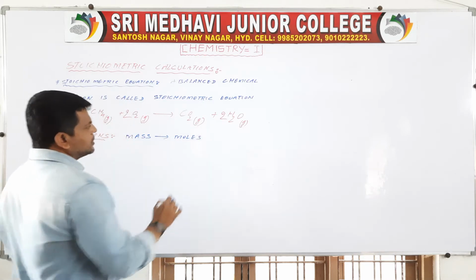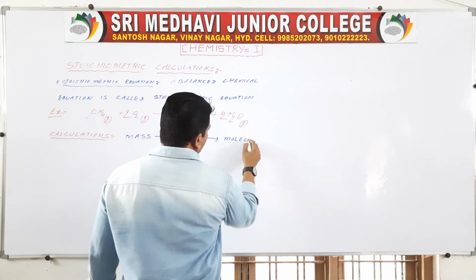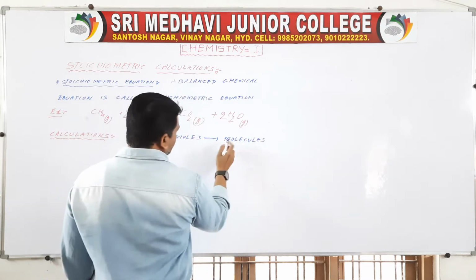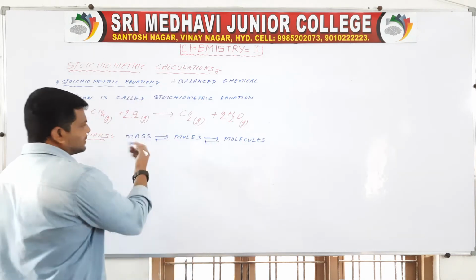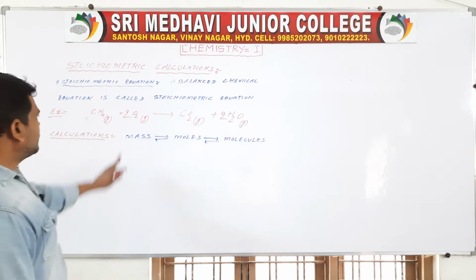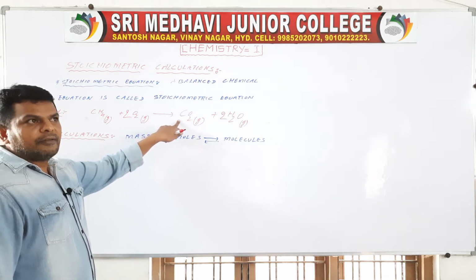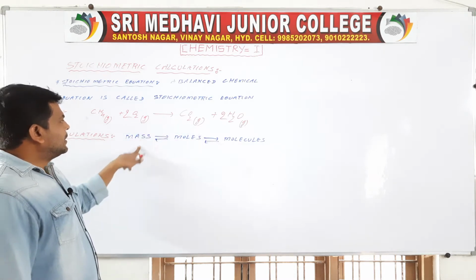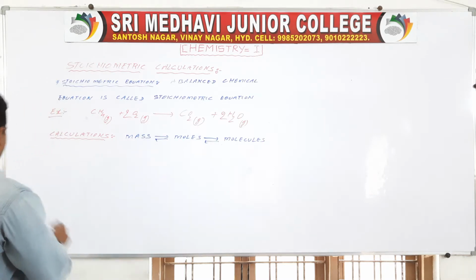Mass gives rise to moles, moles give rise to molecules, and this implies moles and then mass. If you express the weight of these molecules in grams, that is nothing but mass.